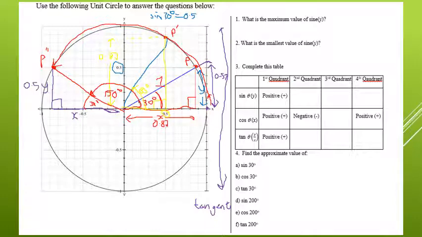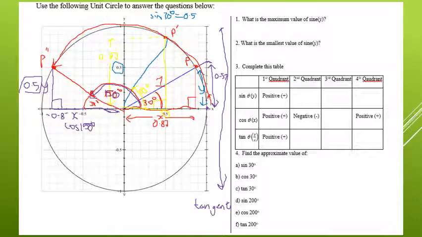So what we find is the sine of 150 degrees, because remember we said this is 150 degrees, is equal to 0.5. The cosine of 150 degrees is equal to the x value. The x value here is 0.87, but it's actually negative 0.87.